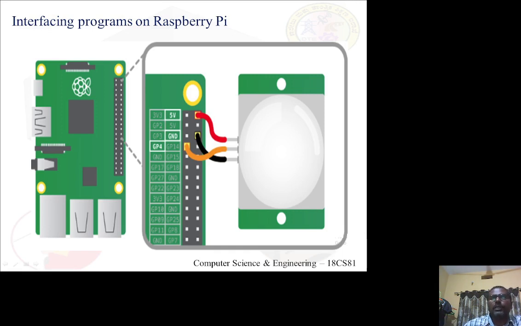The orange one is an input to the Raspberry Pi, meaning it's an output pin from the PIR. I repeat, output from the PIR, but input to the Raspberry Pi computer.